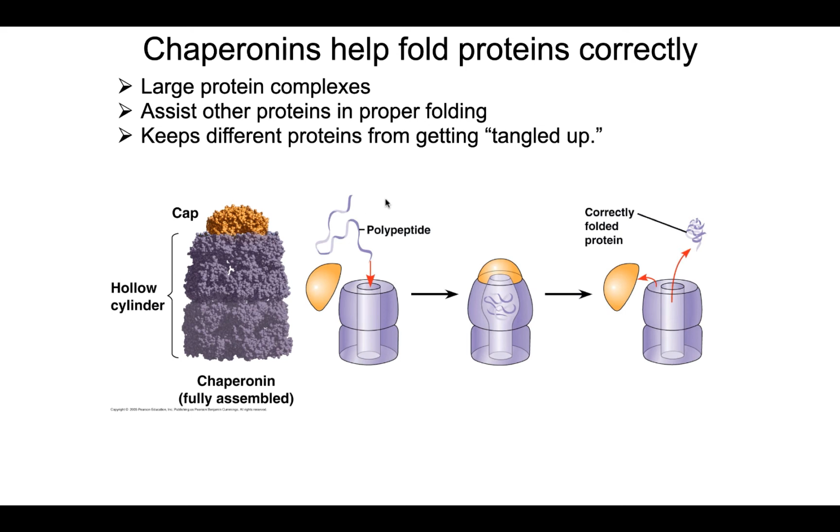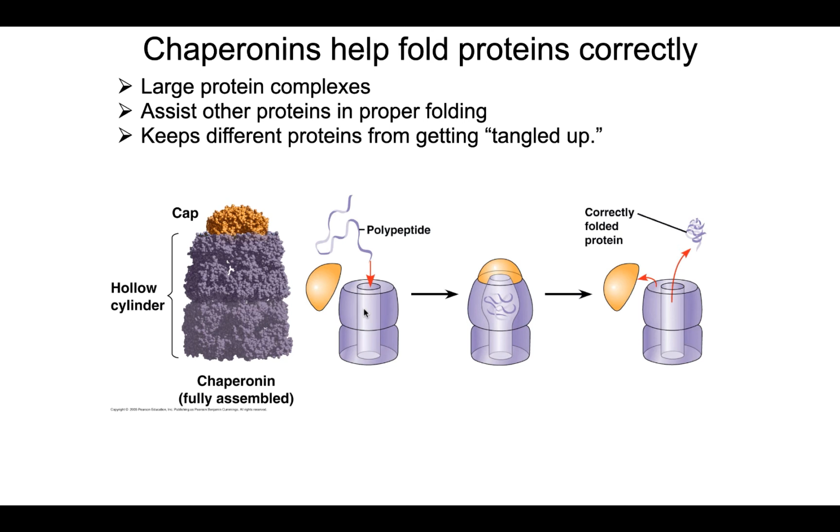So while that protein is trying to fold, it sometimes gets tangled up with other proteins. And so there's a special class of molecules, they themselves are proteins, called chaperonins. What they do is they allow a nice isolated environment for a protein to go in, and now it's independent.